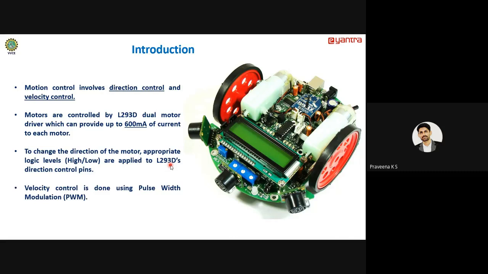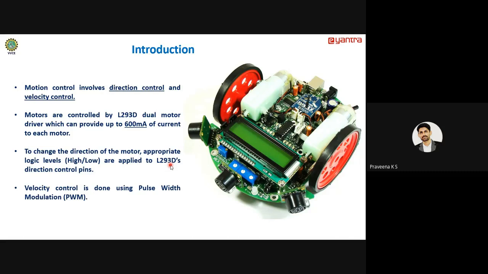Velocity control can be done using the pulse width modulation technique. Students in lower semesters may not have an idea about pulse width modulation, but we are not going to test this concept in today's session. In future, we will definitely discuss it. So what exactly is pulse width modulation, and how does it help us control the velocity?